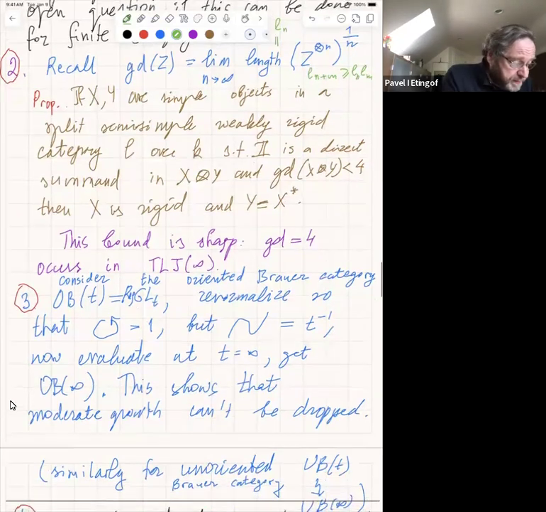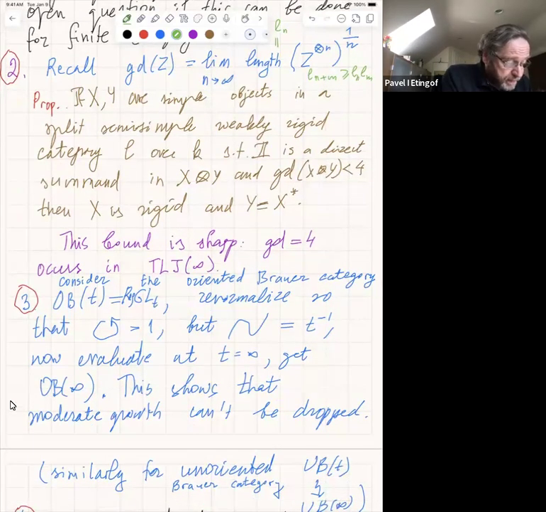And now another example showing that moderate growth cannot be dropped. The counterexample is constructed in a similar way, by renormalizing. In this case, I will consider the oriented Brauer category OB(t), which is the same as Deligne's category Rep GL_t, interpolated to complex t. It's a diagrammatic category where morphisms are oriented Brauer diagrams.